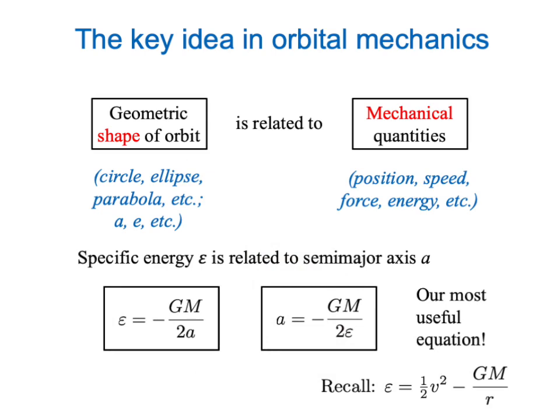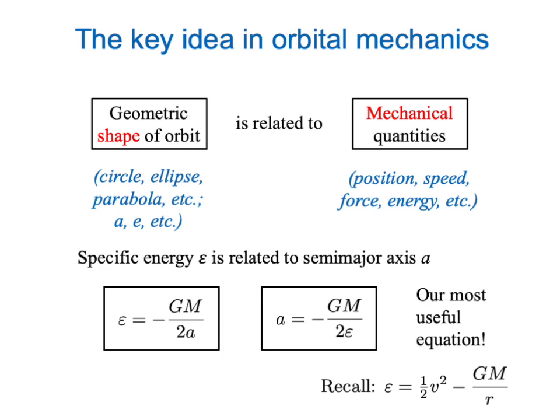And here's the most important and most useful mathematical relation that expresses this. It says that the specific energy, the total specific mechanical energy of the satellite, both kinetic and potential, is related to the semi-major axis a of the orbit. The size of the orbit is related to the energy. And we can express this in two ways.